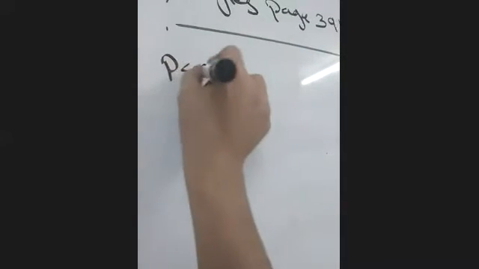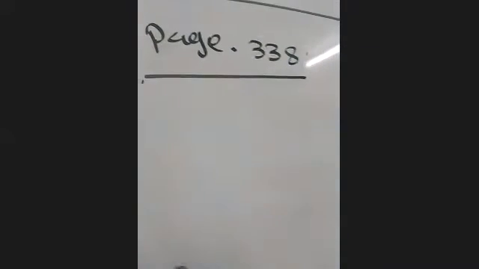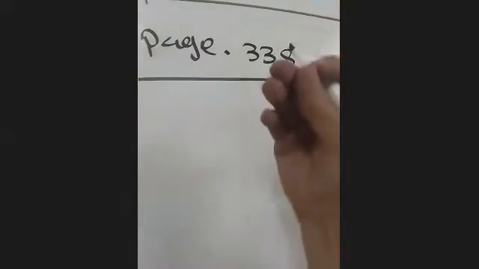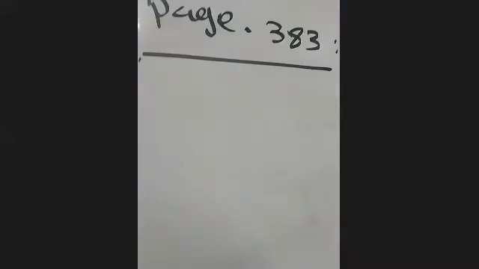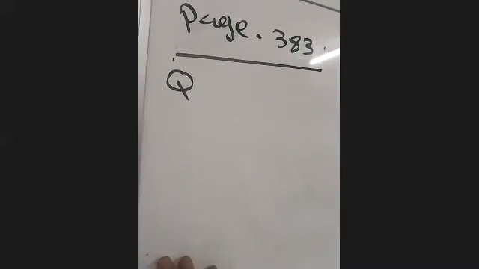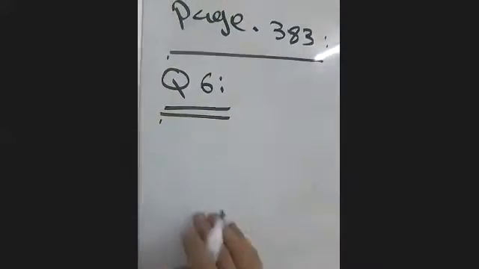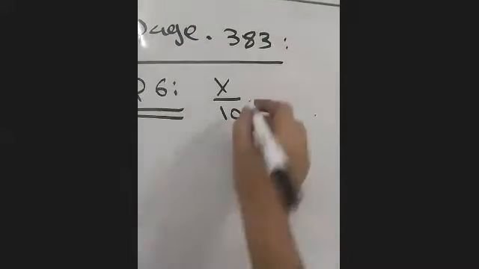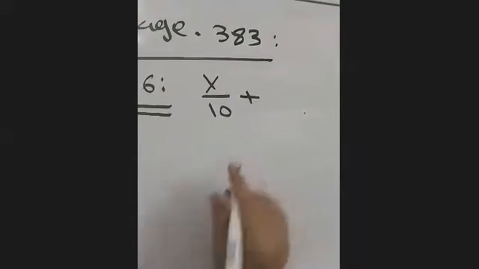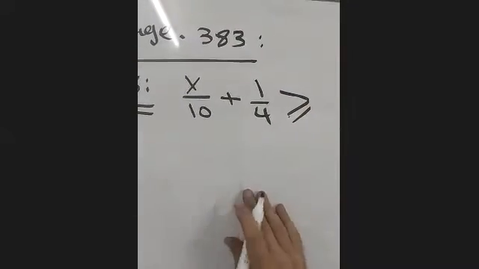X over 10 plus 1 over 4 is more than or equal to 1 over 5.